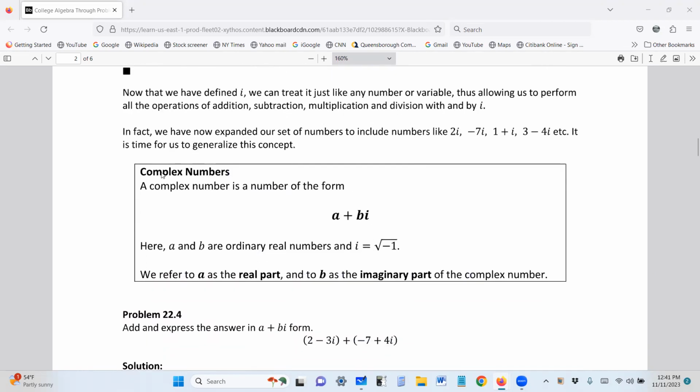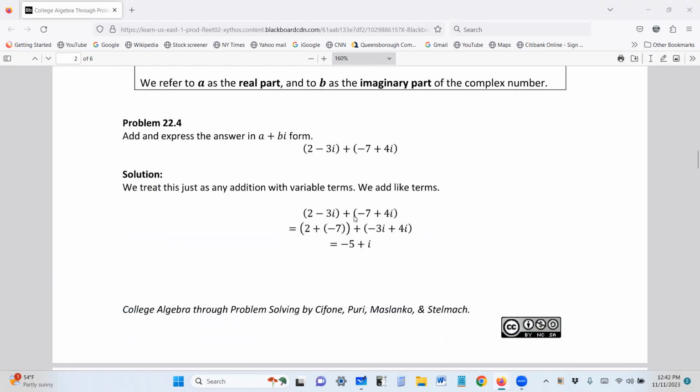Okay, so formally, a complex number may have a real part, which is A, and it may have an imaginary part, which is B. So we are always going to write it in the form A plus Bi, where A and B are any real numbers. When we are doing addition and subtraction, the i just behaves as a regular variable.